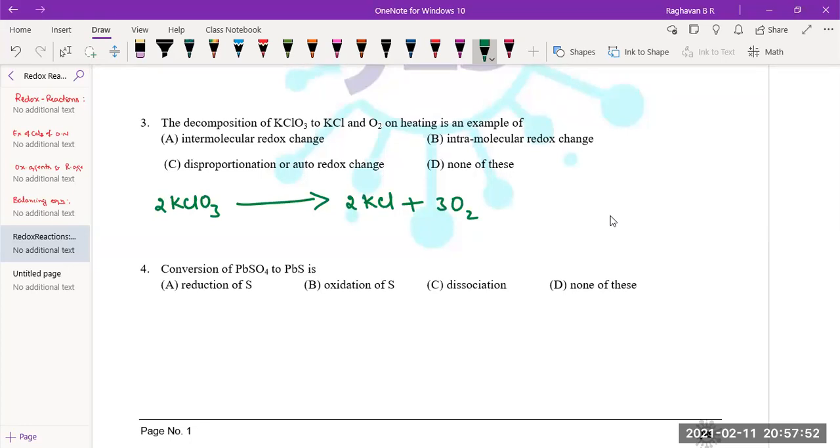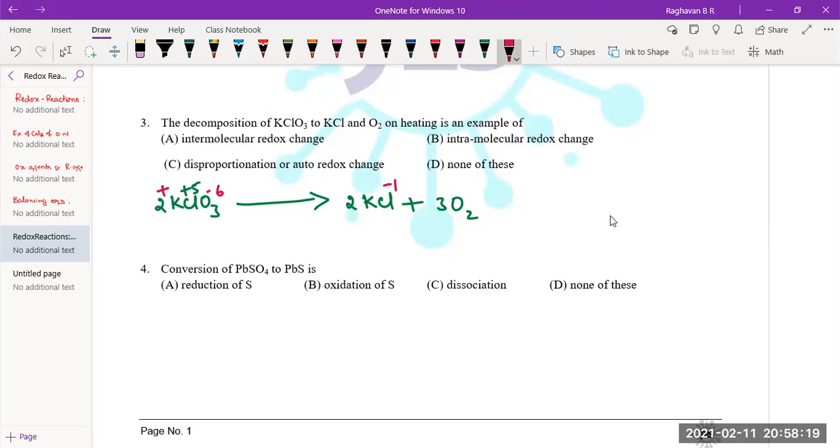Now you see what is happening here. This is +5 if you calculate the oxidation state, because 3 oxygens are -6 and 1 potassium is +1, so to balance the overall negative charge, chlorine has to be +5. Chlorine exists in only 2 oxidation states. If it were a disproportionation, one element would exist in 1 oxidation state before the reaction and 2 after.